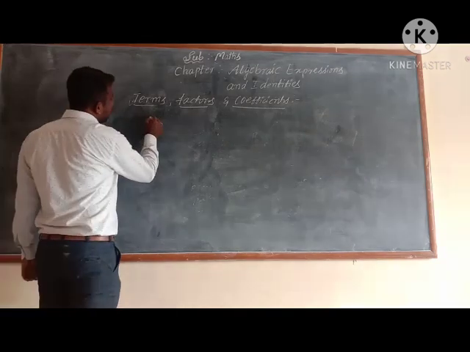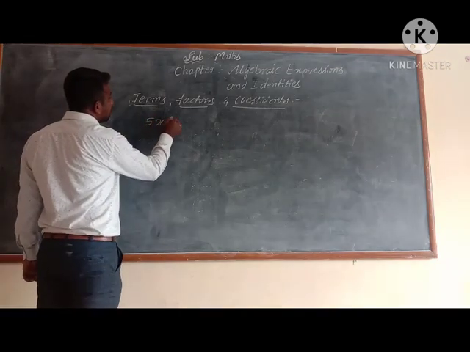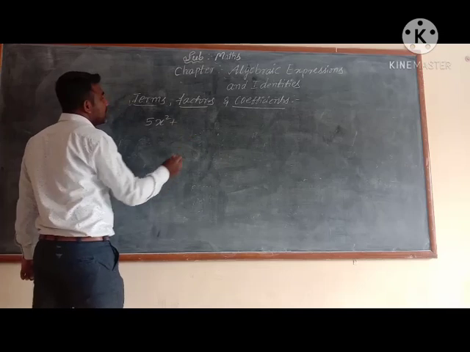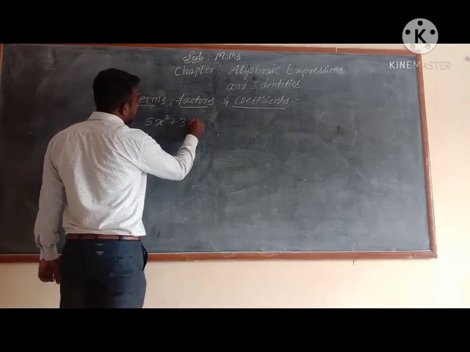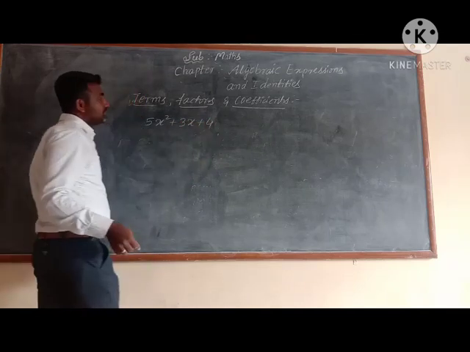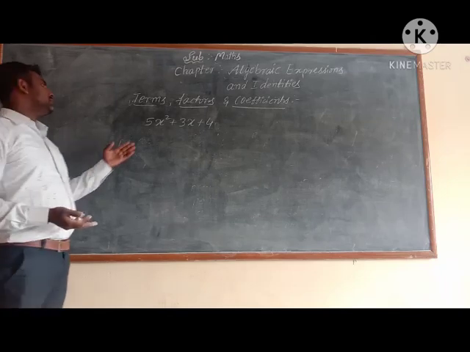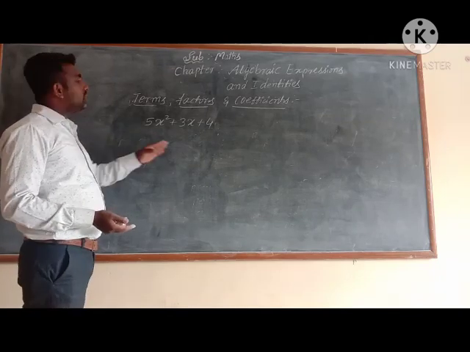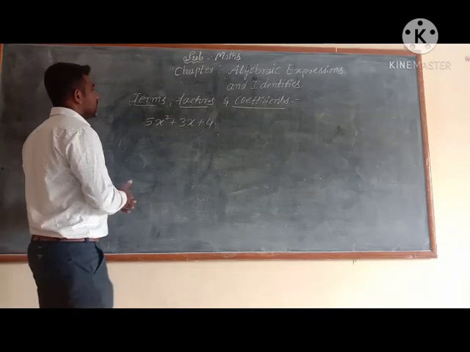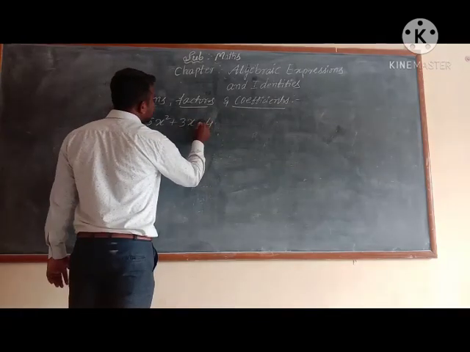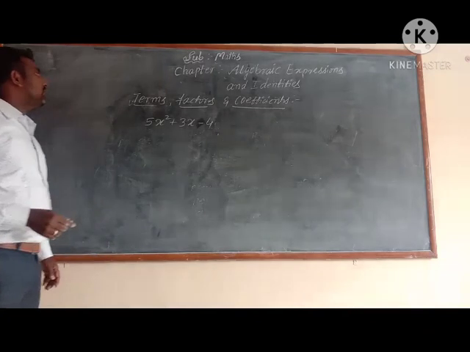Let us consider one example. 5x square plus 3x minus 4 is an algebraic expression. It has both numerals and variables with fundamental operations.